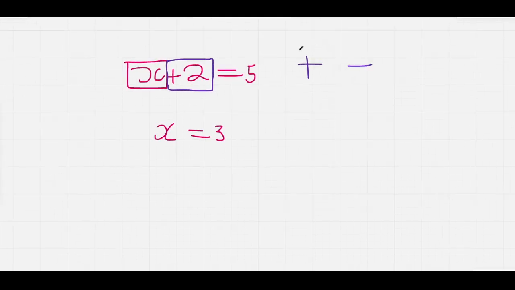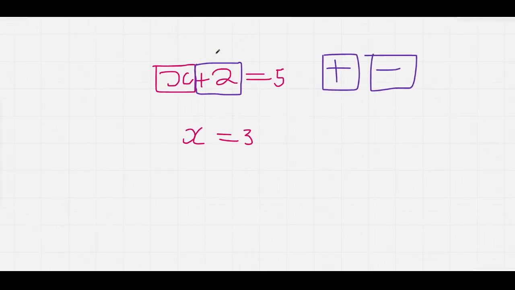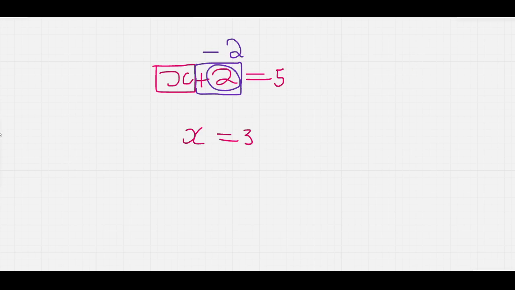So once I've identified my operation, I can then identify the inverse operation. The inverse operation of plus is minus, and because I'm trying to get rid of 2, I can go minus 2. And if I'm minus 2 on one side of the equation, I have to minus 2 on the other side of the equation.